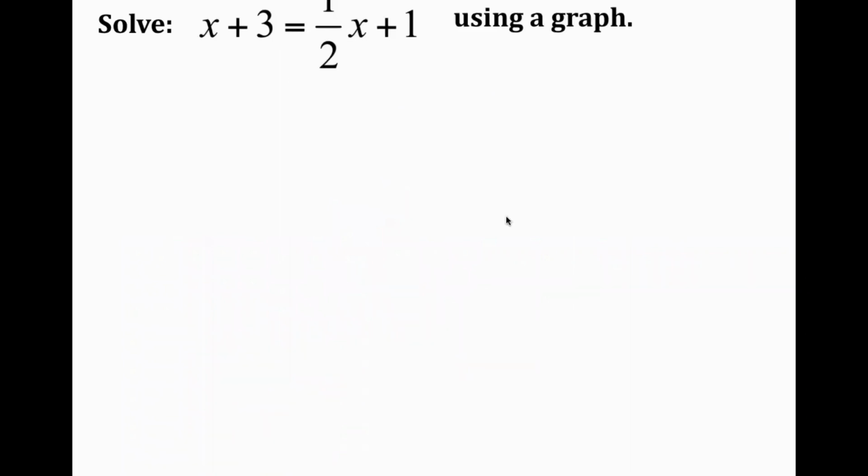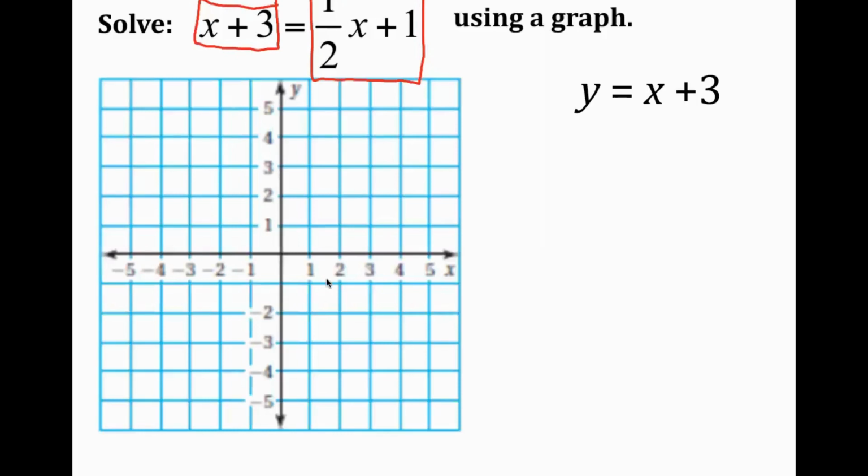Here is another example. We're going to solve x plus 3 equals 1/2x plus 1 using a graph. This is in ax plus b equals cx plus d form, so go ahead and break these down into 2 different equations. So one will be y equals x plus 3, the other will be y equals 1/2x plus 1. So here are our 2 equations.